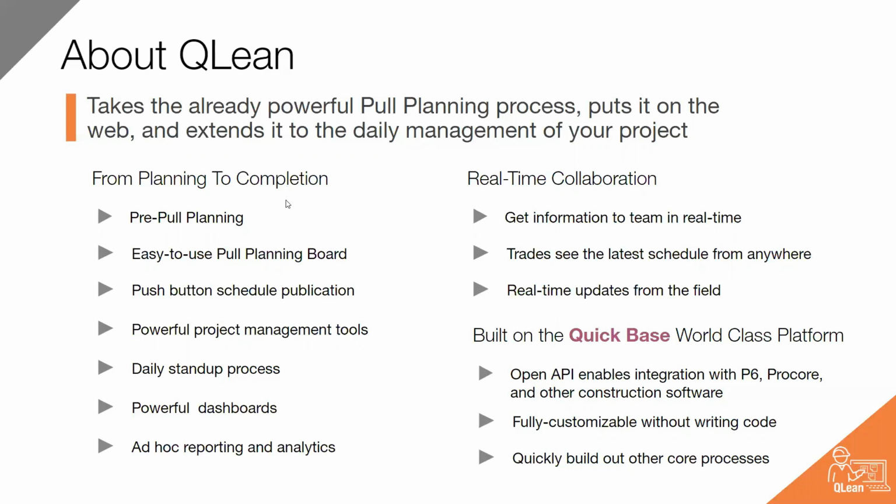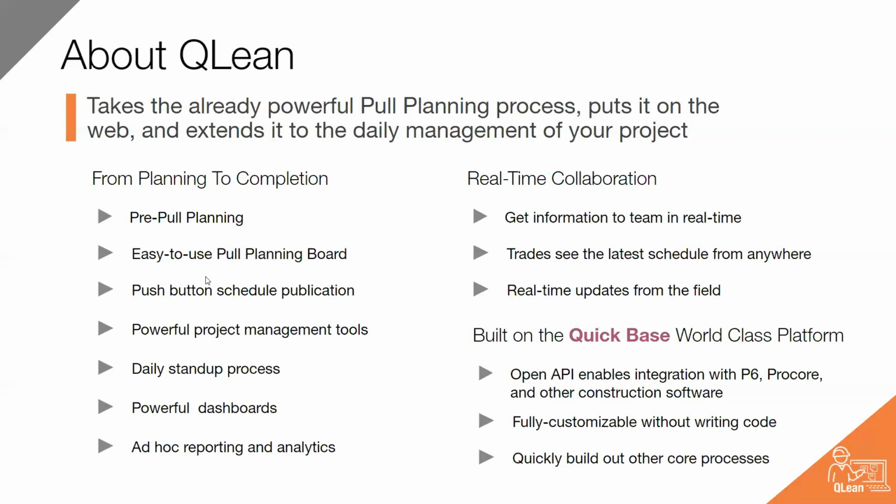So QLean is a web-based virtual application. And while we focus primarily on the pull planning aspect, and that's what this will be, it also goes from pull planning to actually running the project after you've done your plans and put those together, and immediately makes that available, if you so choose, into the field where the work is actually done.